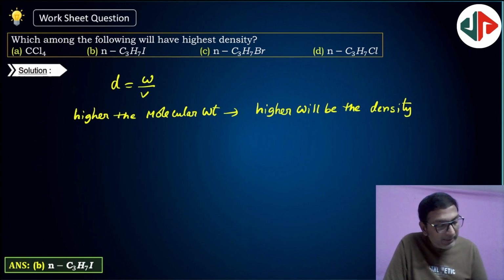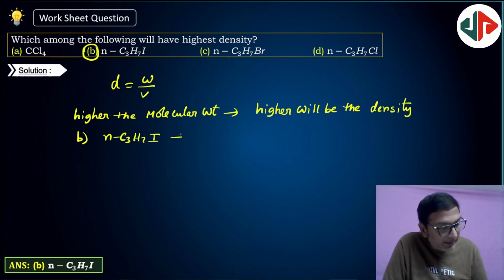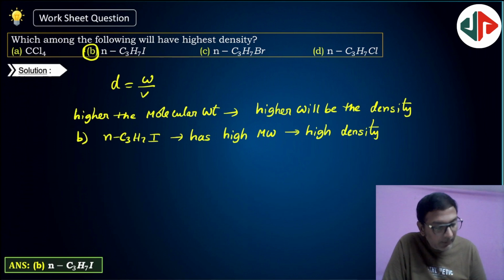Molecular weight is more for option B. N-propyl iodide has high molecular weight, therefore high density. Option B.